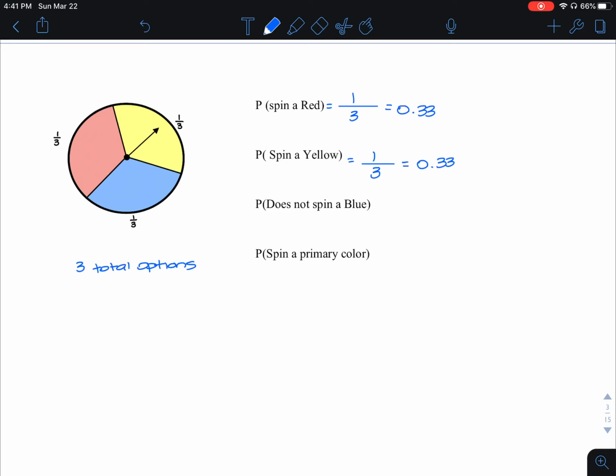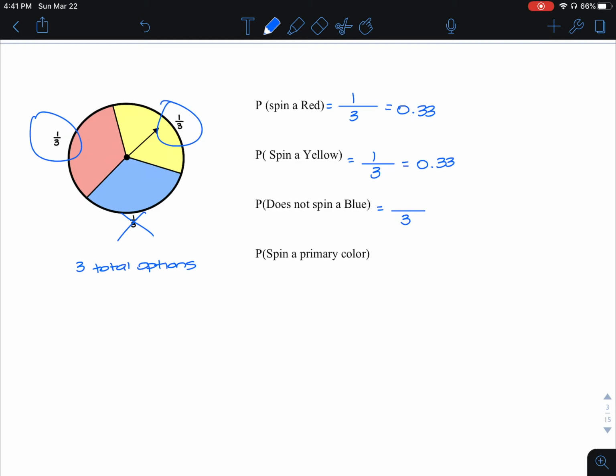Next one gets a little more tricky. Okay, the probability that I do not spin a blue. Okay, so blue is out of the question, but I can spin any other color other than blue. Well, I have red and yellow. I'm going to set up my fraction. 3 goes on the bottom because that's always my total.